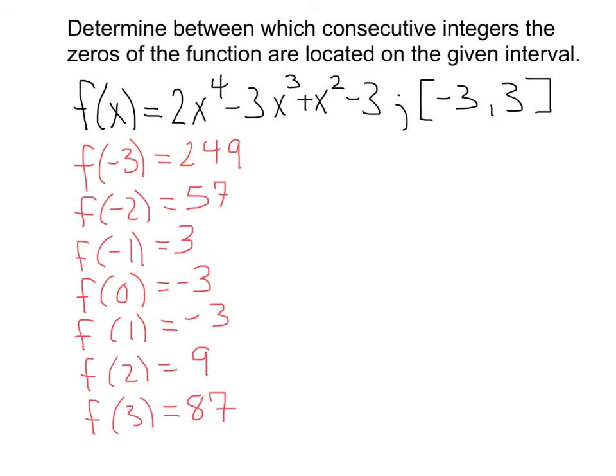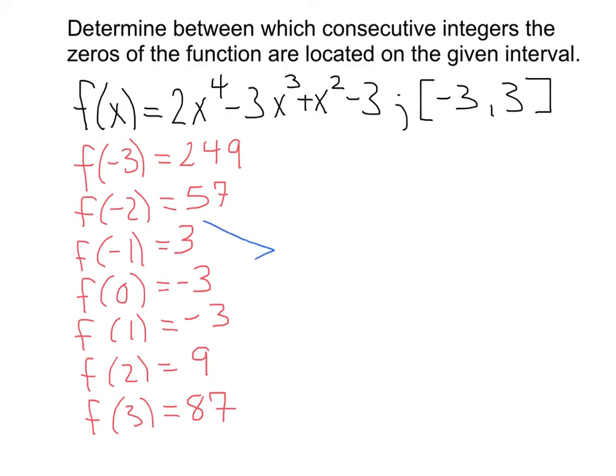So I went ahead and plugged in all my integers. I have f of negative 3 all the way through f of 3, and I got my answers, and I'm looking for a switch in these y values from negative to positive. So looking here, f of negative 3 equals 249, f of negative 2 equals 57, f of negative 1 equals 3, f of 0 equals negative 3. So here I have a positive 3 at negative 1, and a negative 3 at 0.